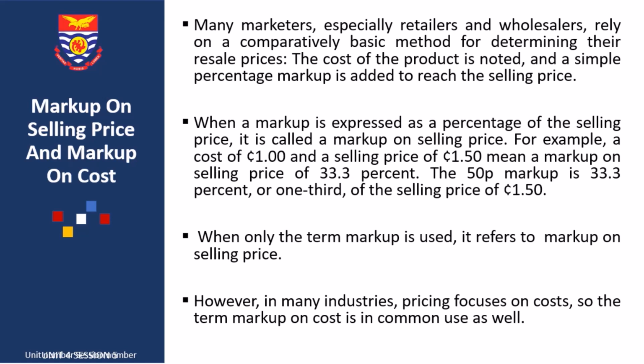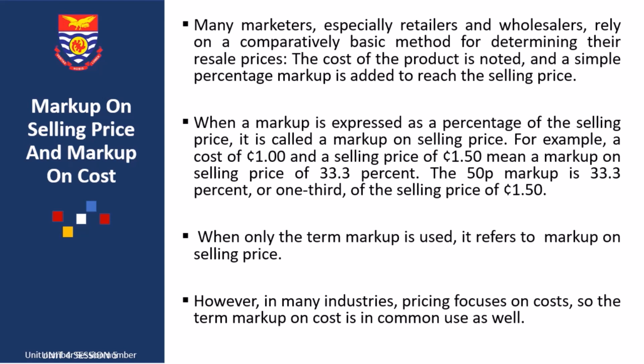So it is the cost of the product or cost of production plus a simple markup, which gives the selling price. When a markup is expressed as a percentage of the selling price, it is called markup on selling price.